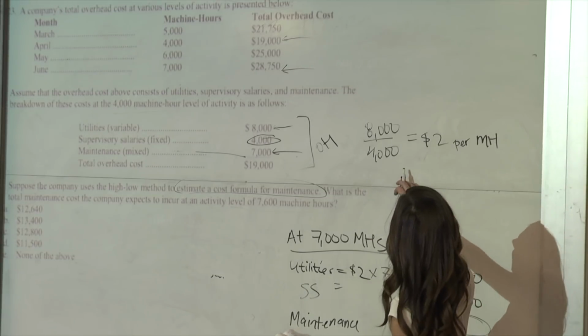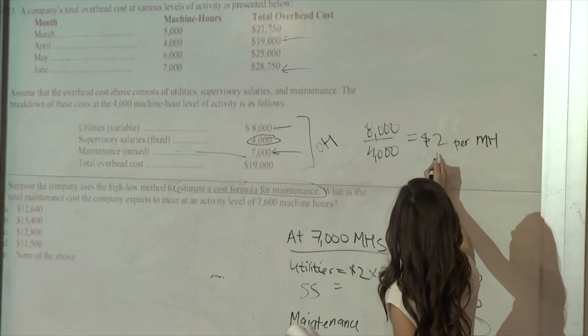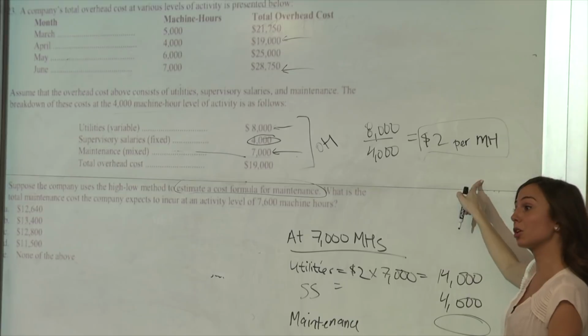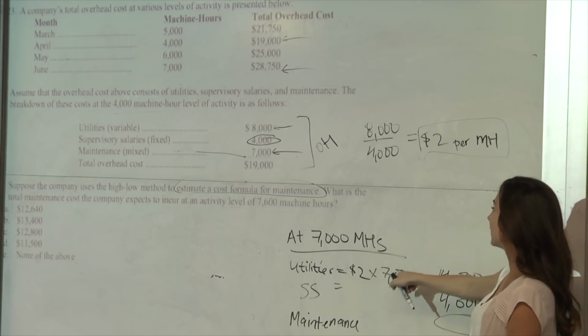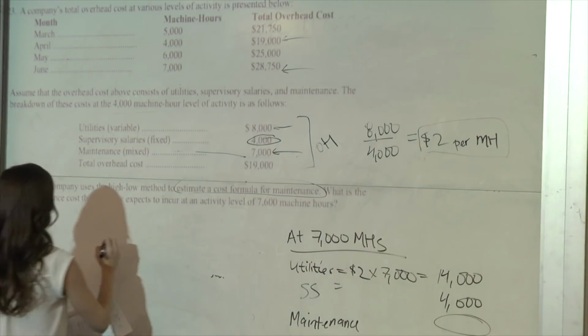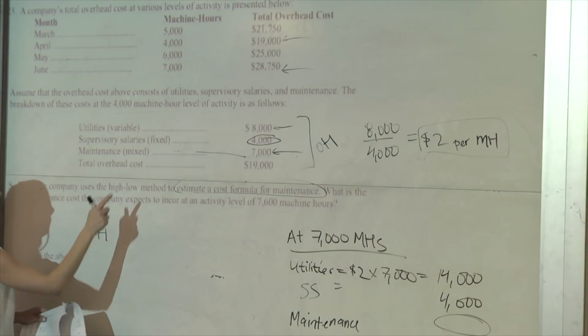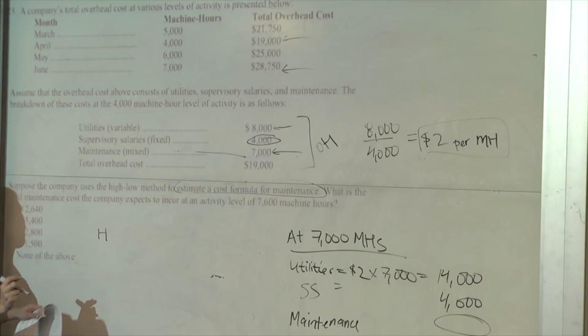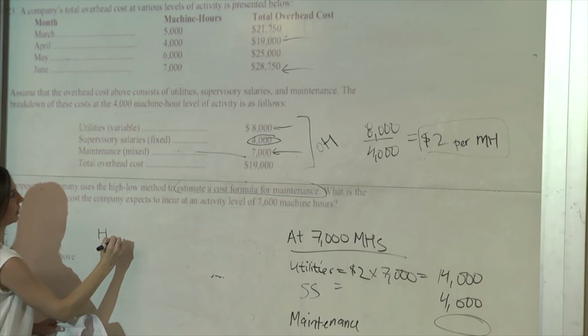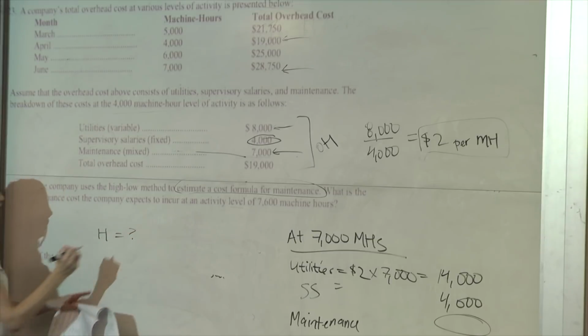So the reason why is because I wanted to get this per unit, this per machine hour cost, because ultimately I'm trying to look at the high maintenance mixed cost at the high case, and that is going to be, I'm not sure.